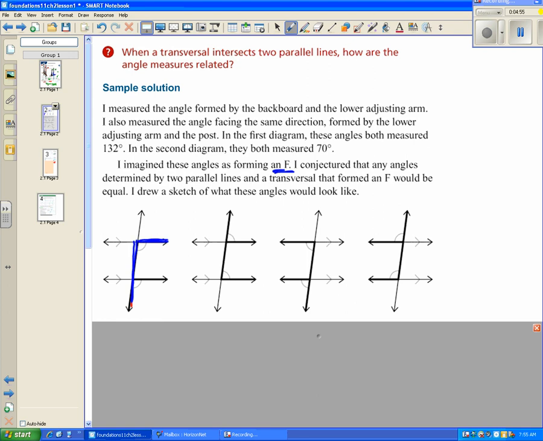So again, this person is making a conjecture that with parallel lines and a transversal, anytime we make an F, anything underneath that F, I know this is on top here, but it's an upside down F, so underneath maybe the arms of an F, anything with that relationship is going to be equal, equal angles.